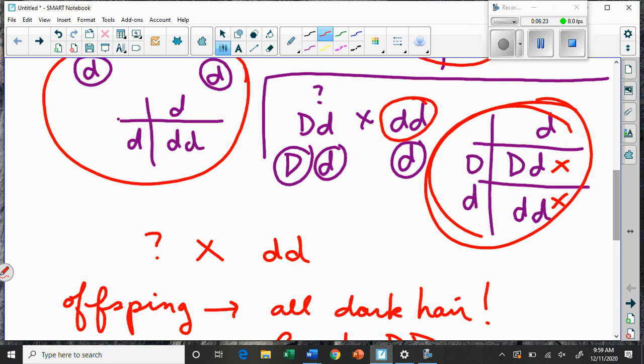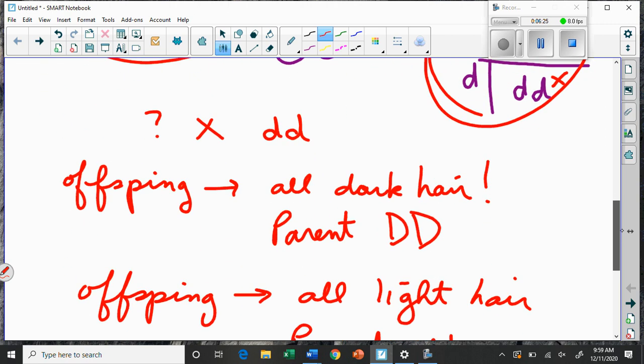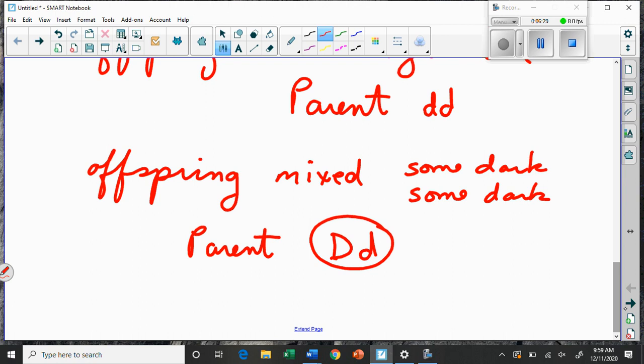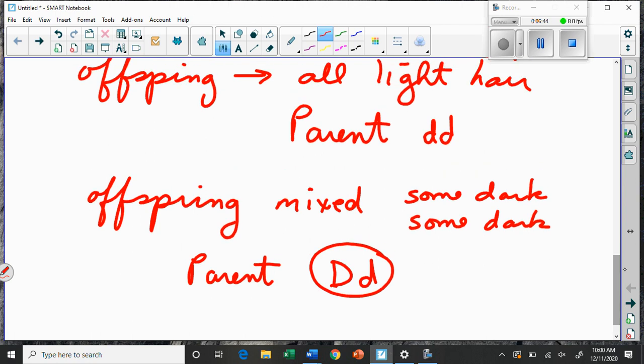And you can use that to figure out something about the original parent. Sometimes you're doing kind of detective work, trying to figure out the parents' genotypes based on the ratios of traits among the offspring. That's essentially all a test cross is. Pretty simple and straightforward.